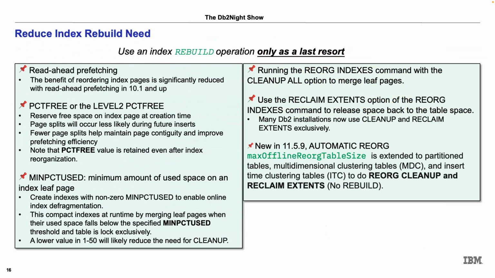This will help reduce page splits. And you can use MINPCTUSED to let Db2 defragment the indexes online, so page merge, which happens for leaf pages, will happen during online runtime operations. Then try cleanup and reclaim extents. They are lightweight and work well for most cases.